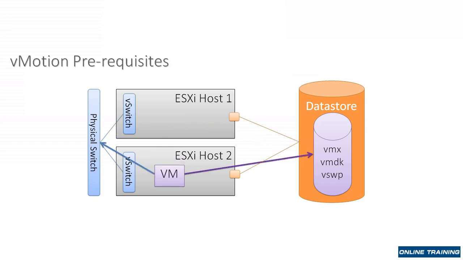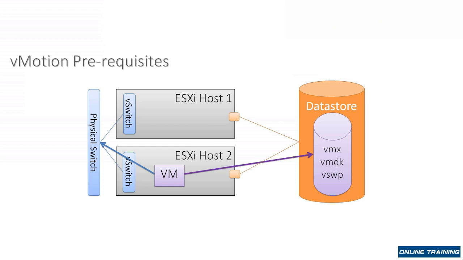So here we see my virtual machine has just moved from host 1 to host 2. It still has access to its data store because the data store is shared storage and is accessible across multiple hosts. And notice on the left-hand side, the virtual machine is connected to a virtual switch, and those virtual switches are also identically configured so that my VM does not lose access to the network when it moves.